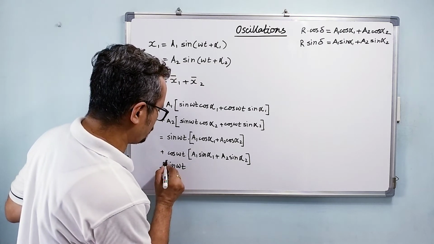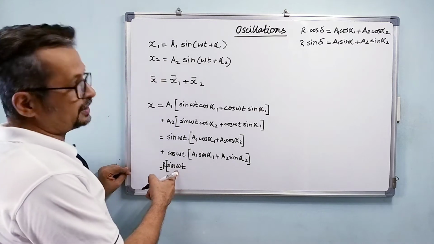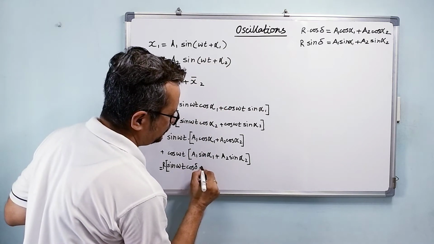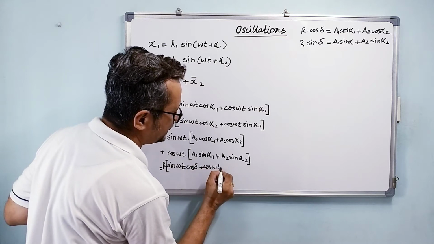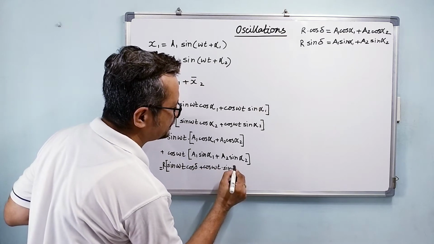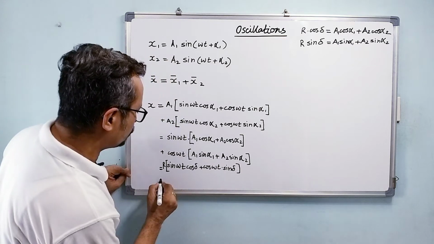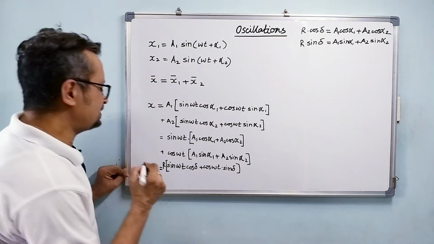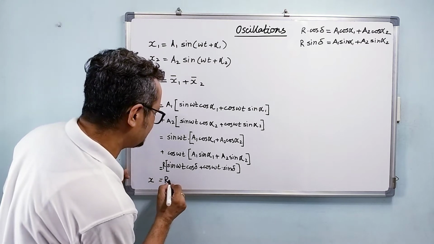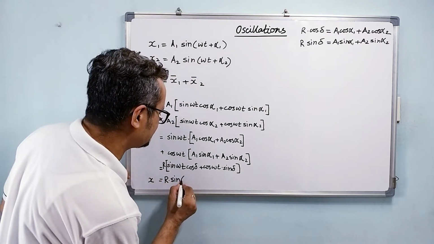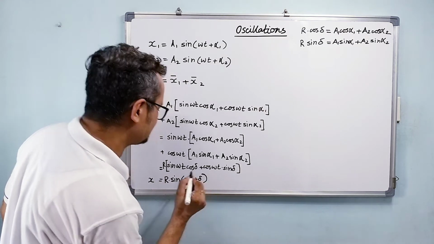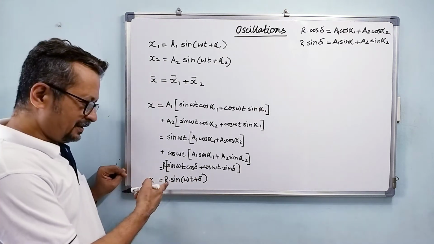So I am going to be able to write this as equal to sin ωt, and now R I am going to take common here: sin ωt cos δ plus cos ωt sin δ. Then this whole thing is going to be x equal to R sin(ωt + δ).